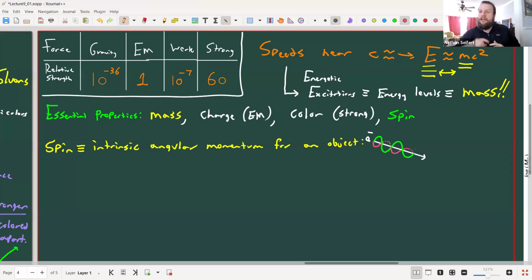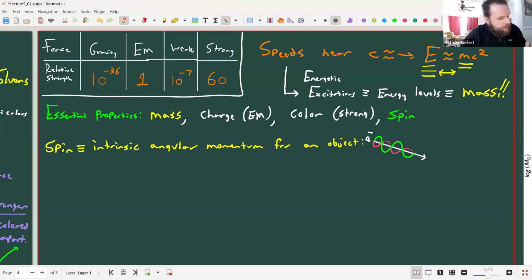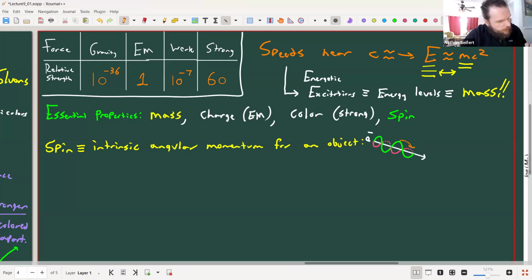This is an electron. The electromagnetic field of the electron also has a helicity to it, meaning it's spinning relative to the axis. So what I mean by that is that these waves are exchanging. This wave goes here, this wave comes out of the plane, this wave goes into the plane, and so on and so forth. So it's got this helicity, so I can kind of draw it like this.